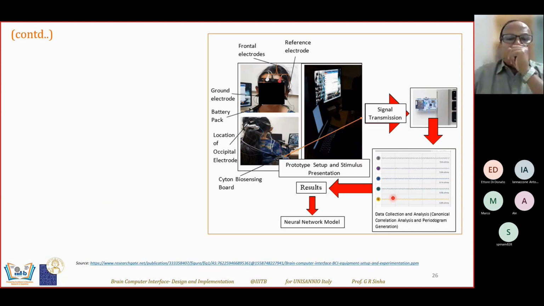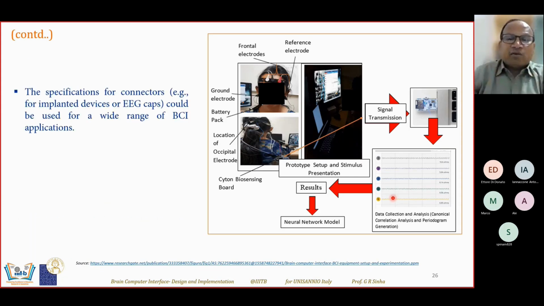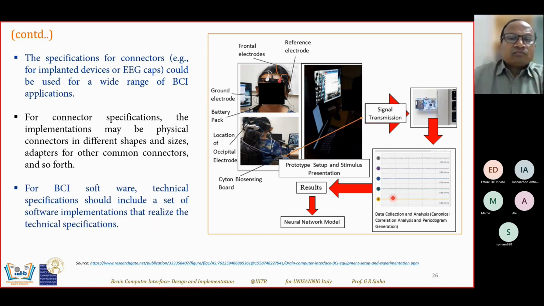This is an interesting diagram where you can find this part is hardware: reference electrode, frontal electrode, and the ground. These are all the hardware, right? And on this side you have signal transmission, then you get data collection and analysis. So here there is a role of software. What is the prototype development? What is stimulus presentation? What will be the analysis?